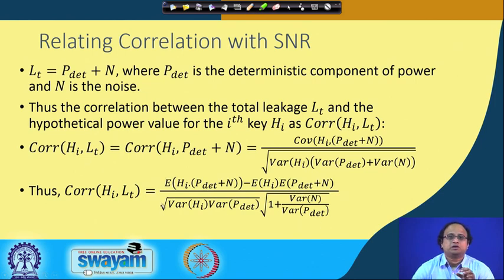And what is this other part? If you observe here, there is an additional part which you are adding because of noise, but since noise is independent, you can write this pretty much as the correlation of the deterministic component, that is P deterministic, with Lt.